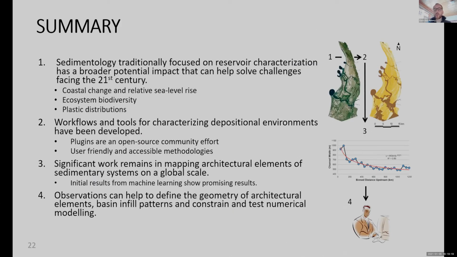So just to quickly summarize the main points: one, I think sedimentology has a broader application that we need to consider. Two, there have been workflows and tools developed for characterizing depositional environments. And these GIS plugins are open source and a community effort, so you're more than welcome to help contribute to that.